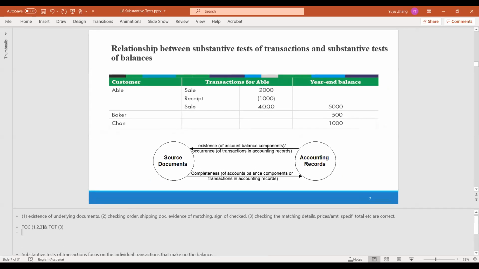So what are the criteria for the test control and the test transactions? Suppose for the test controls, our criteria is 3% deviation is allowed.